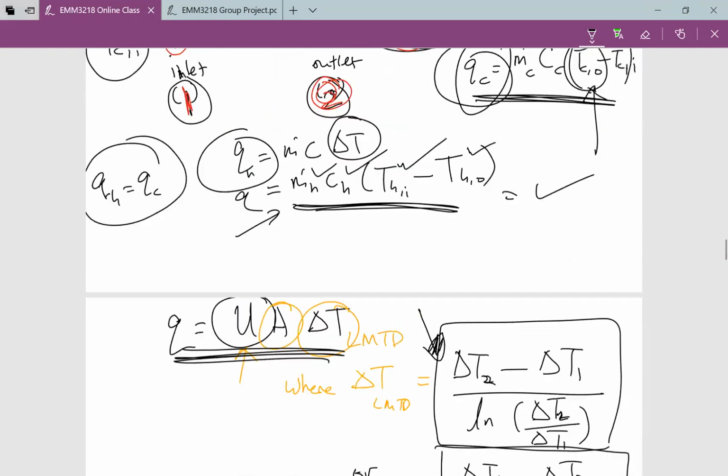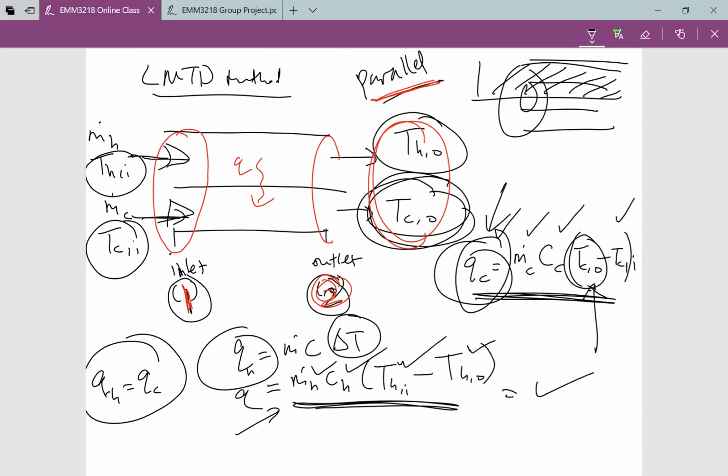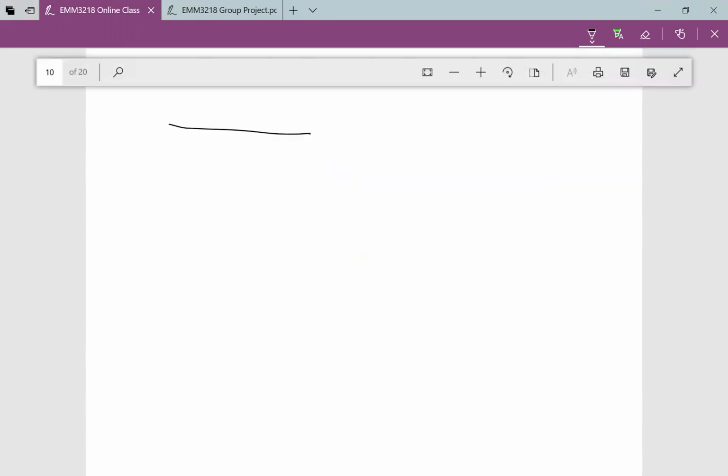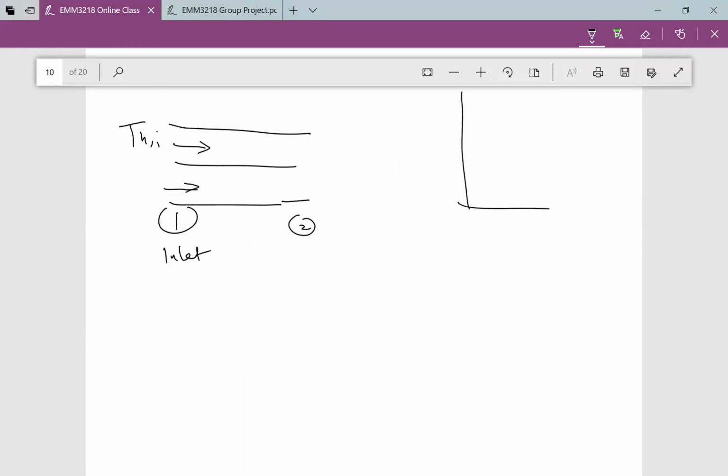Okay, let me explain what happens to the temperature if you have a parallel flow. Let me use a new page. If you have parallel flow, where the flow is going in the same direction, if we draw the temperature graph, this is 1 at the inlet and this is 2. This is temperature, and this is the length of the pipe or heat exchanger tube.